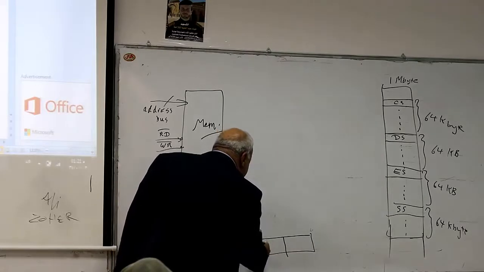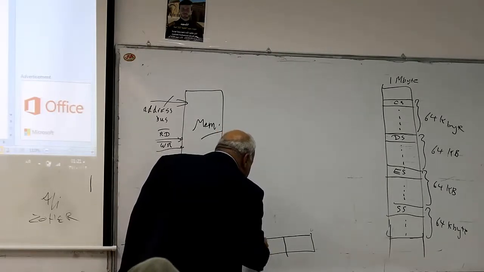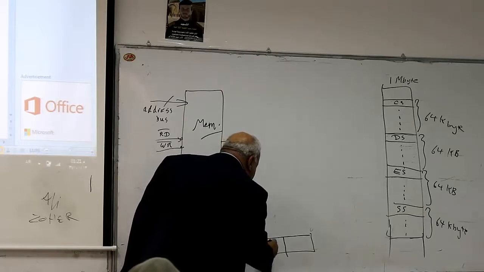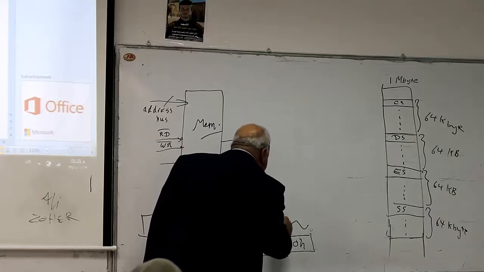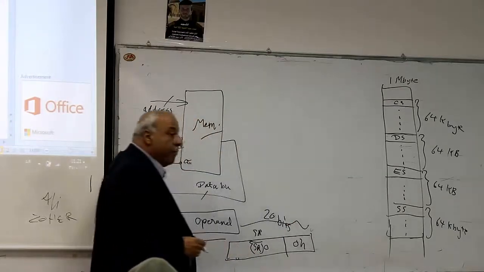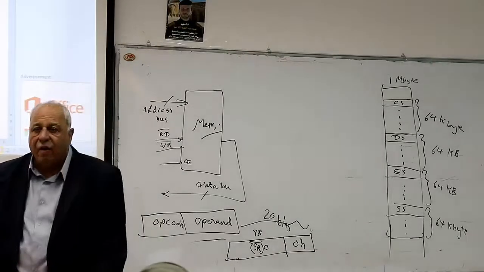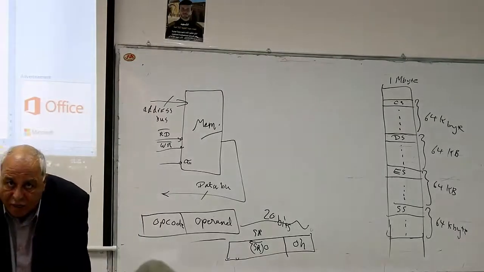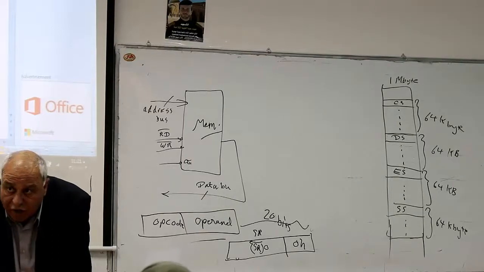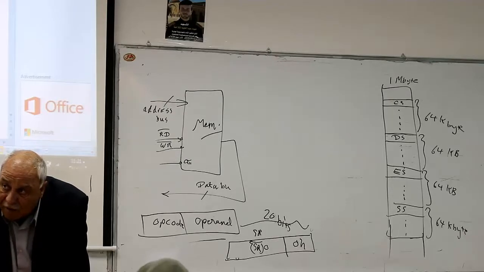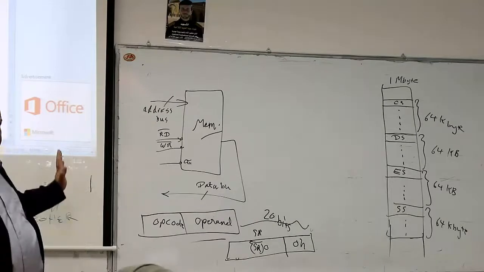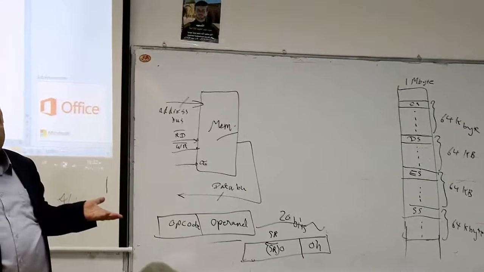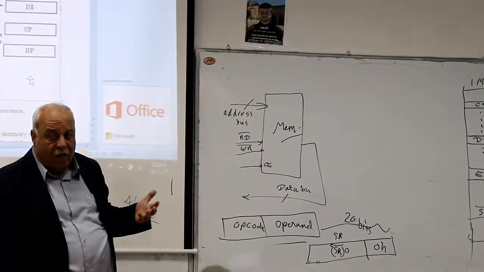If you shift the segment register to the left by 1 hex digit, that makes 20 bits. Do you follow? A 16-bit register shifted left by 1 hex digit, meaning how many bits? 4. So 16 bits shifted by 4 to the left, what do we get? 20.